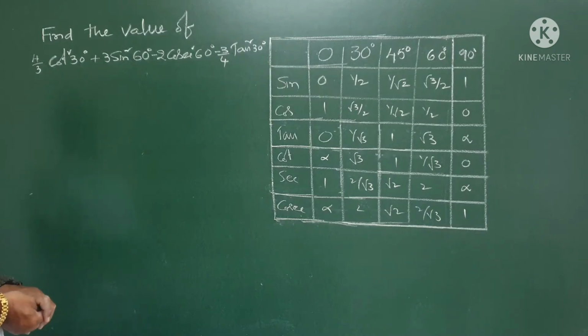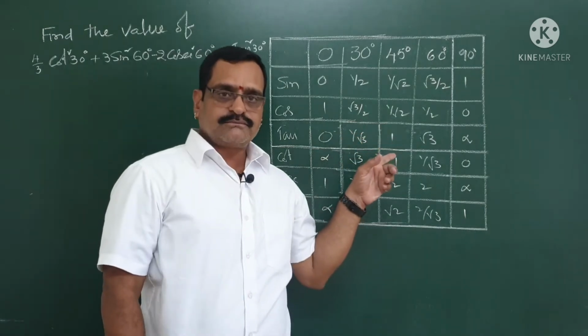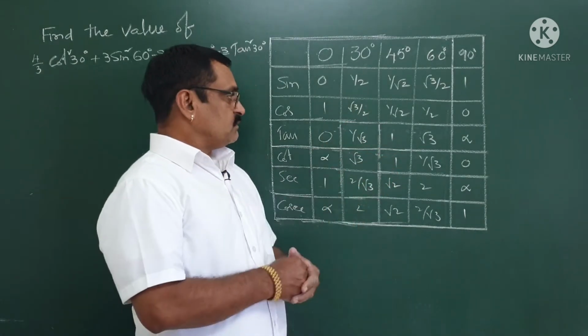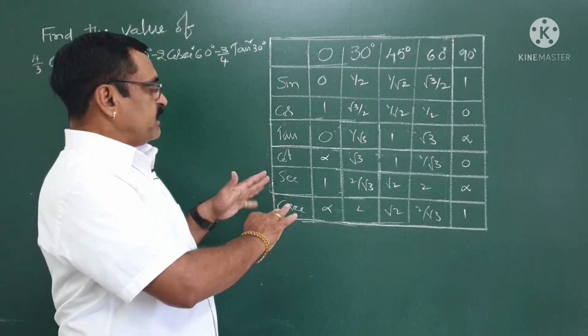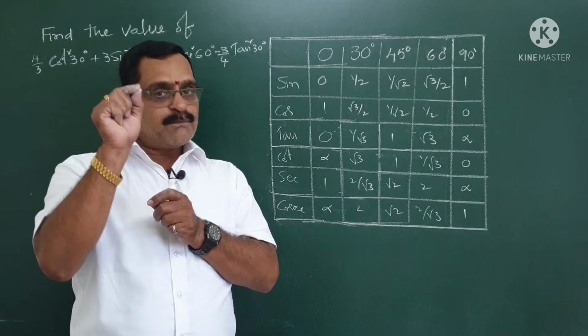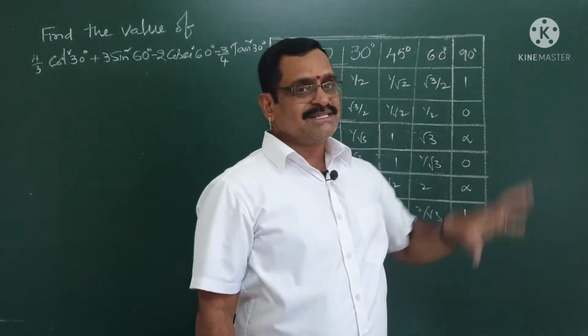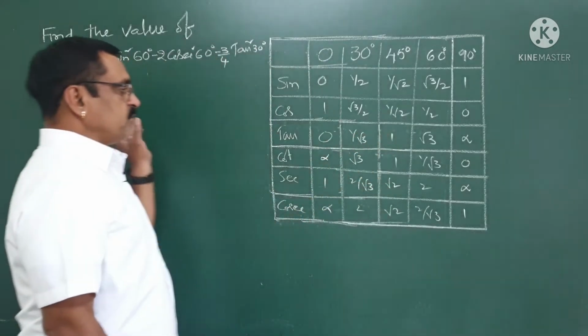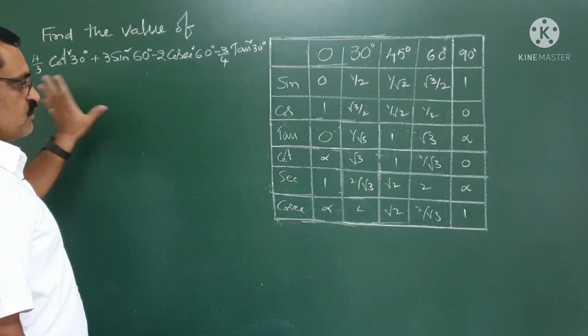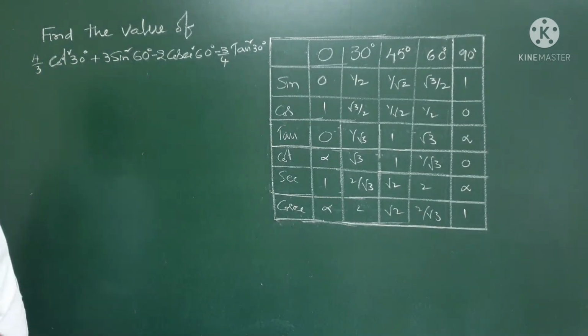Now, we only know this table. From this table, we can obtain the values of trigonometric ratios of any angle up to 90: 0, 30, 45, 60, 90. Just pick the values of trigonometric ratios from the table and substitute, get the answer. That's all.